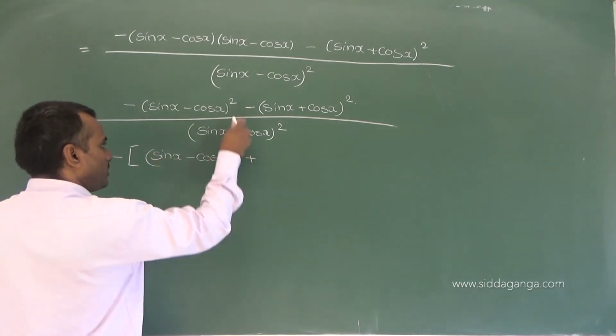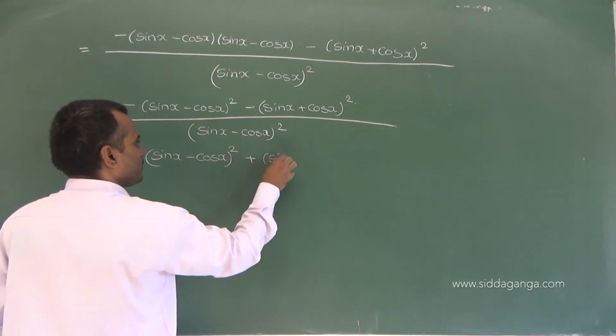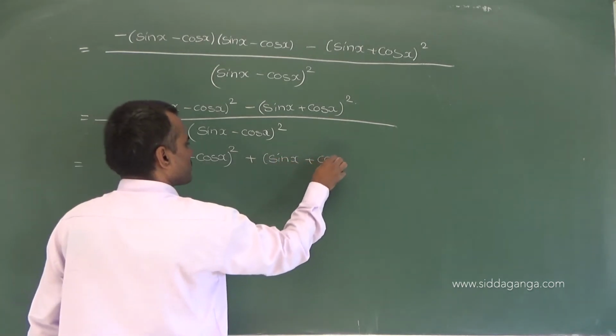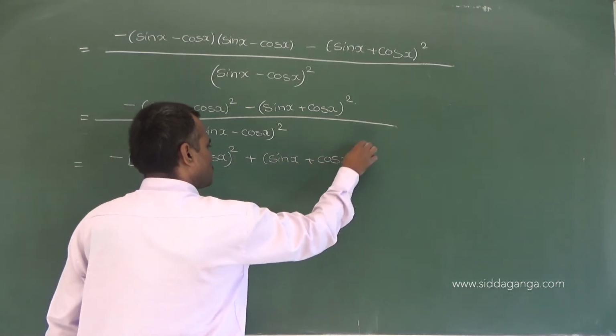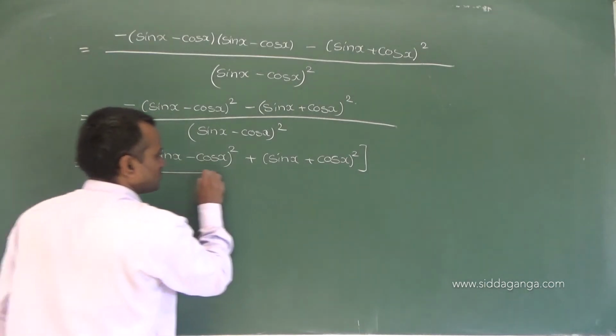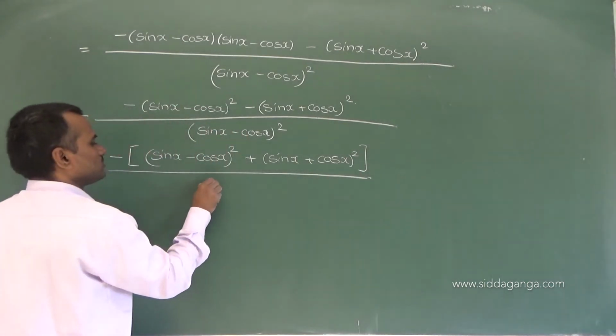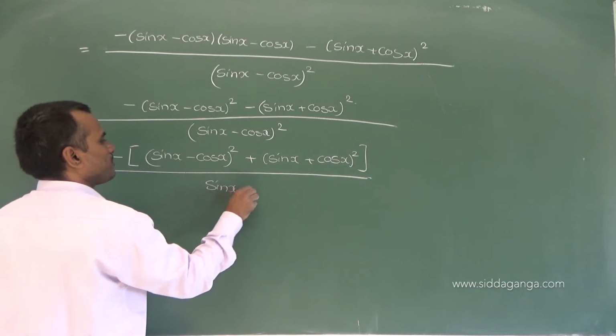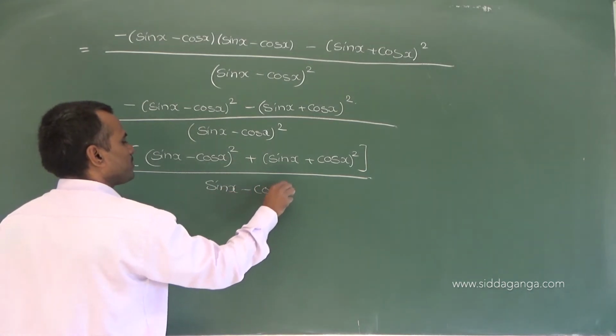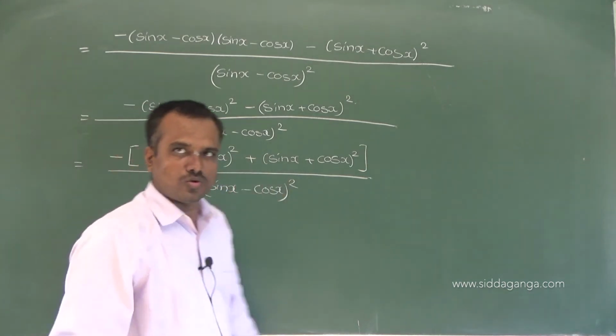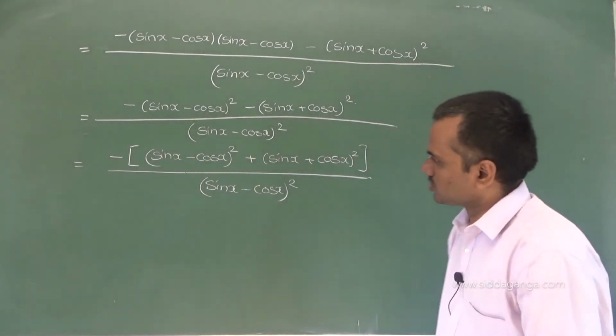Whole square. Minus becomes plus. Whole square. Cos x whole square. Sin x minus cos x whole square.